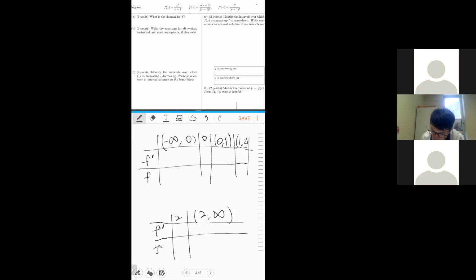Then pick points from the intervals and plug into your derivative. From negative infinity to 0, pick a point and plug into the first derivative. Let's say we pick negative 5. Is the derivative positive or negative?